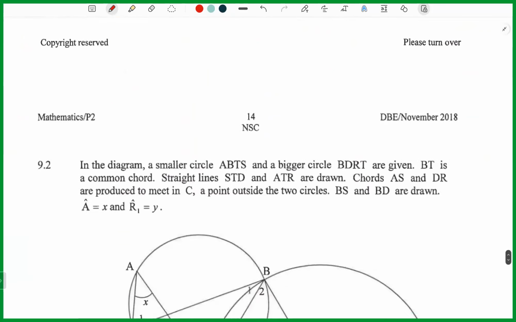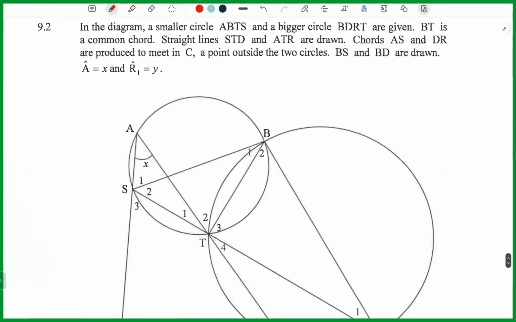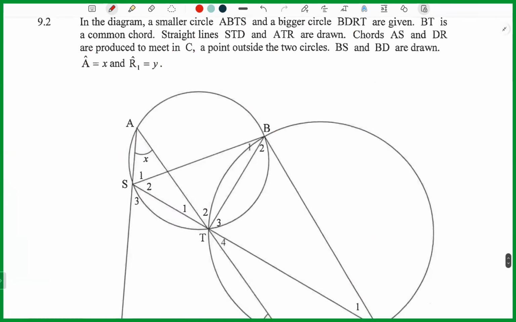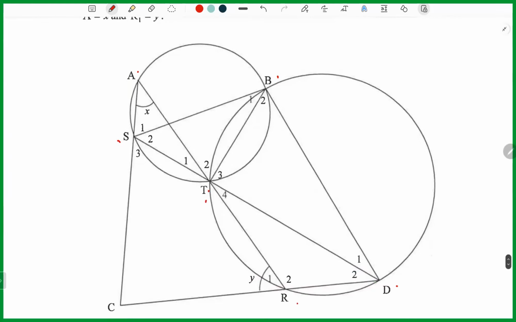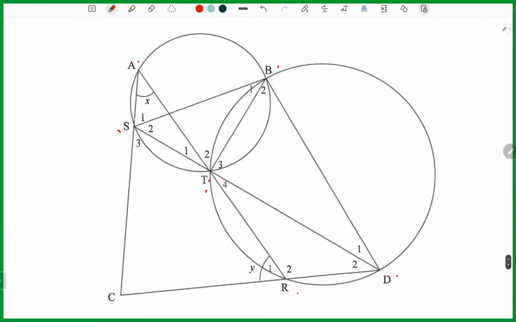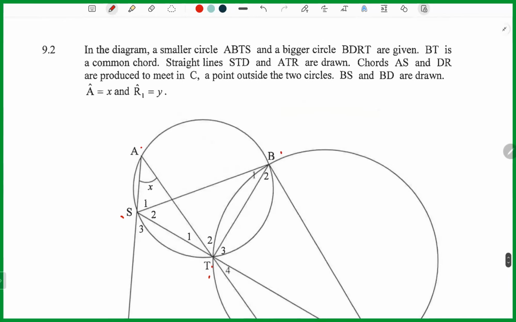Okay, look at 9.2 right now. In the diagram, is a smaller circle ABTS, and a bigger circle BDRT. So there's BDRT, the bigger one, and this is the smaller one, are given.